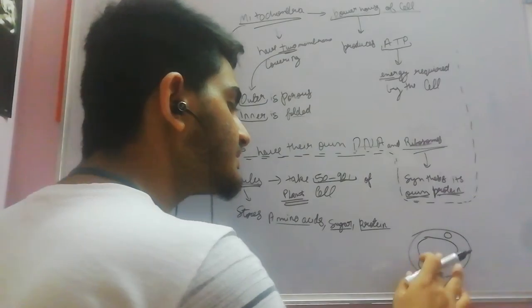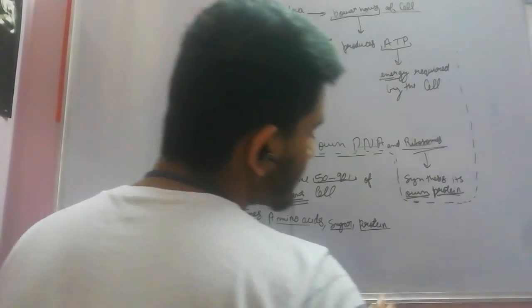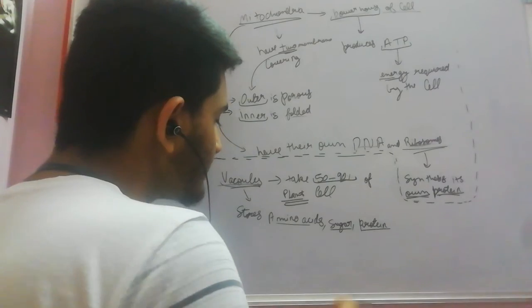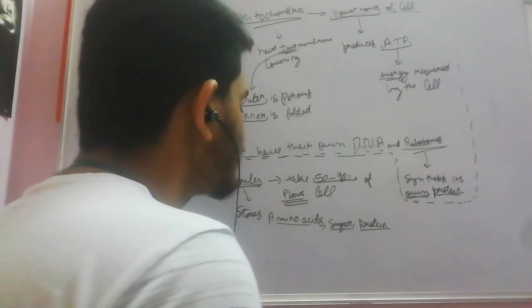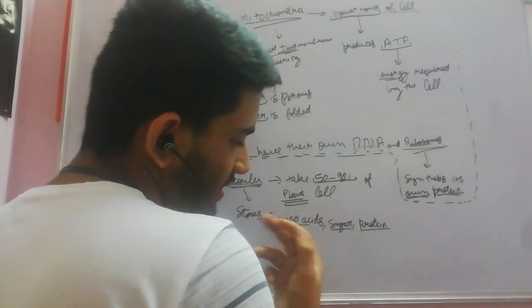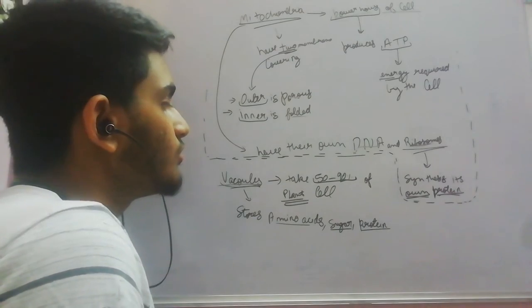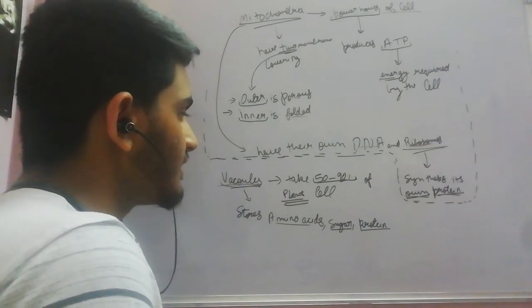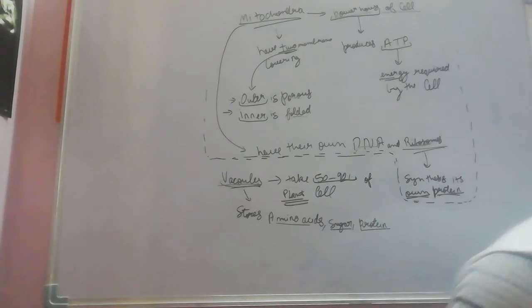In animal cell, the nucleus is in the center, but in plant cell, it is present on one side due to the vacuoles. Vacuoles basically play a role in storage. They are storage tanks, so they store various things, for example amino acid, sugar and protein. It also helps the cell throw water outside of the cell if the water is present in excess amount inside the cell.